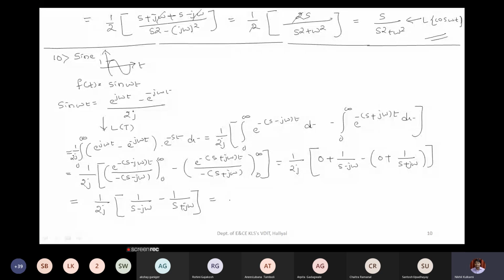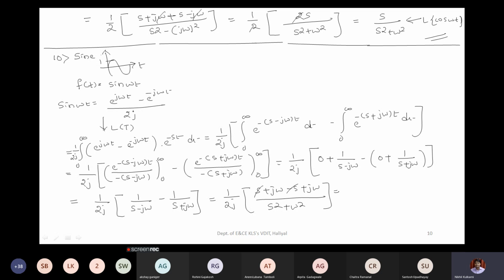So if you cross multiply and check out, that is going to give you s plus j omega minus s plus j omega divided by s square plus omega square. So here you can cancel out these things.